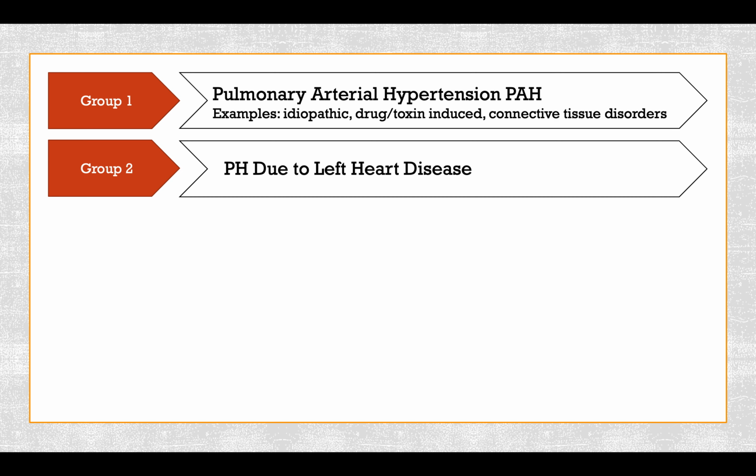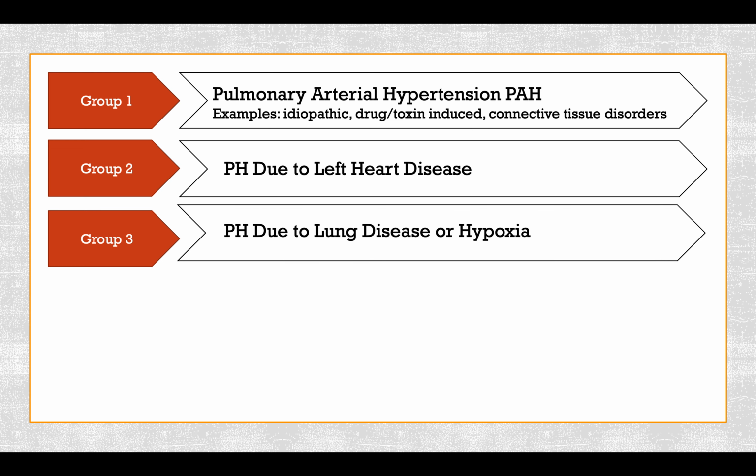Group 2 is pulmonary hypertension due to the left heart disease. And most of us know what left heart disease is and how that can affect our body. Group 3 is pulmonary hypertension due to lung disease or hypoxia, so states that create chronic hypoxia like obstructive sleep apnea, COPD, asthma, different lung diseases.